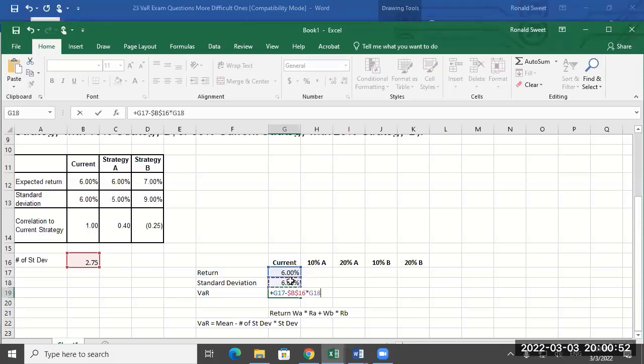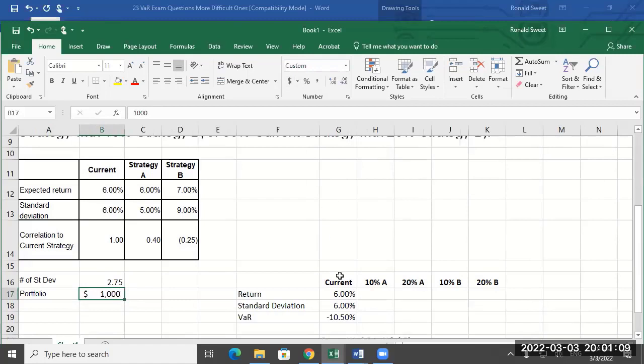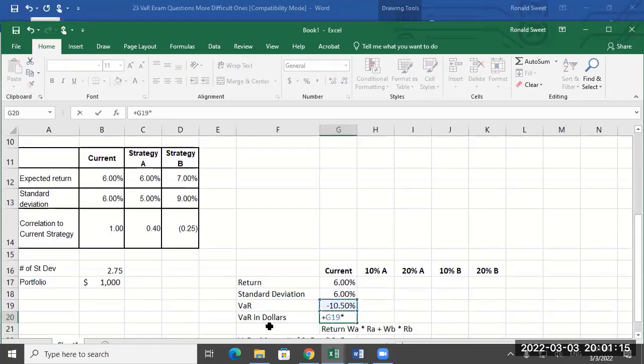Everybody good with that? Is this large enough, or do I need to zoom out some? What was our portfolio? $1 billion. We'll round down to the millions. So what's my VAR in dollars? 10.5 times portfolio.